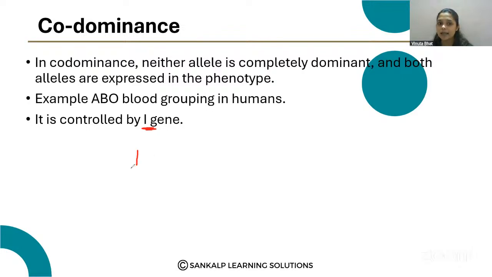So I gene that is having IA, IB and small i. Okay, so these are the alleles of this I gene.